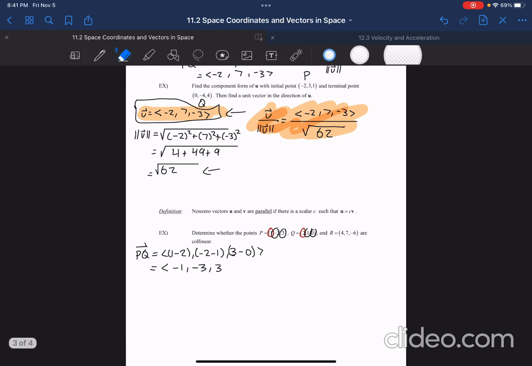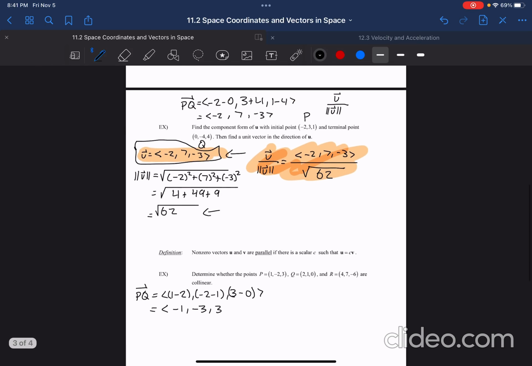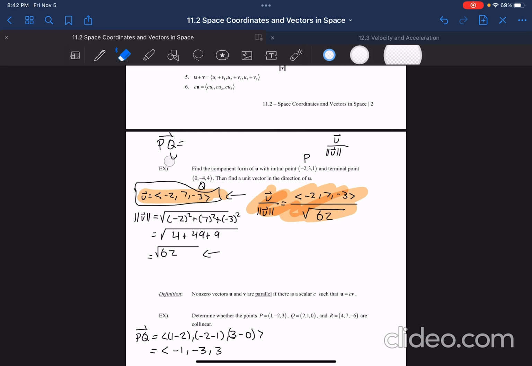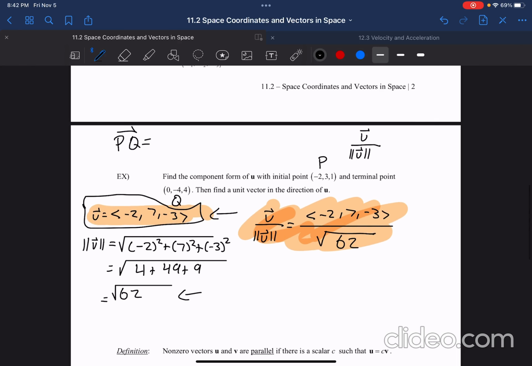Oh, I made a mistake over here. Up here, when you're finding P to Q, it's terminal minus initial. So I did this wrong. It's going to be 0 minus 2, minus 4 minus 3, and then 4 minus 1.